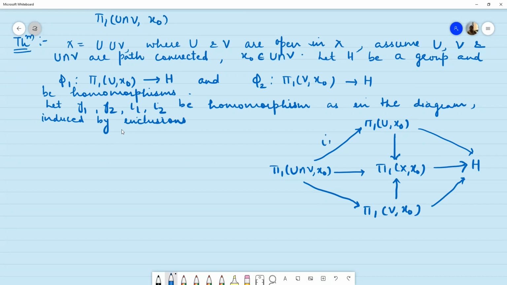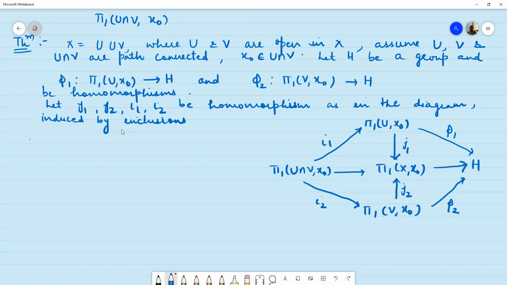So this is our I1, the homomorphism induced by the inclusion map from U intersection V to U. Similarly, this is I2. This is J1, homomorphism induced by the inclusion map from U to X. Similarly, this is J2. And these are the given homomorphisms phi1 and phi2.